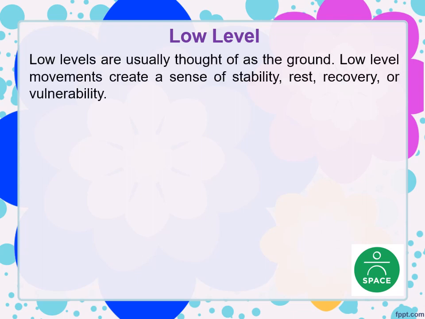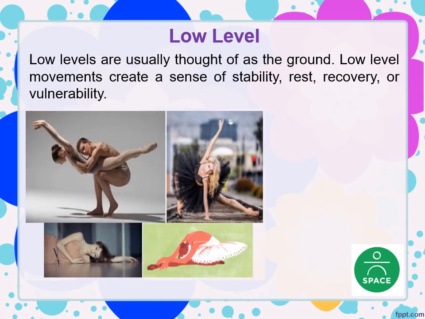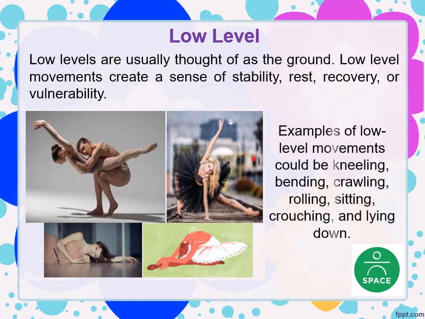Low levels are usually thought of as the ground. Low-level movements create a sense of stability, rest, recovery, or vulnerability. Examples of low-level movements could be kneeling, bending, crawling, rolling, sitting, crouching, and lying down.